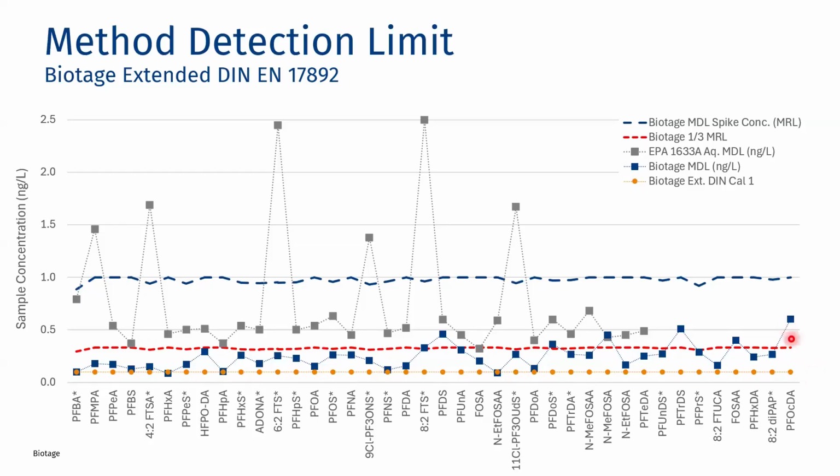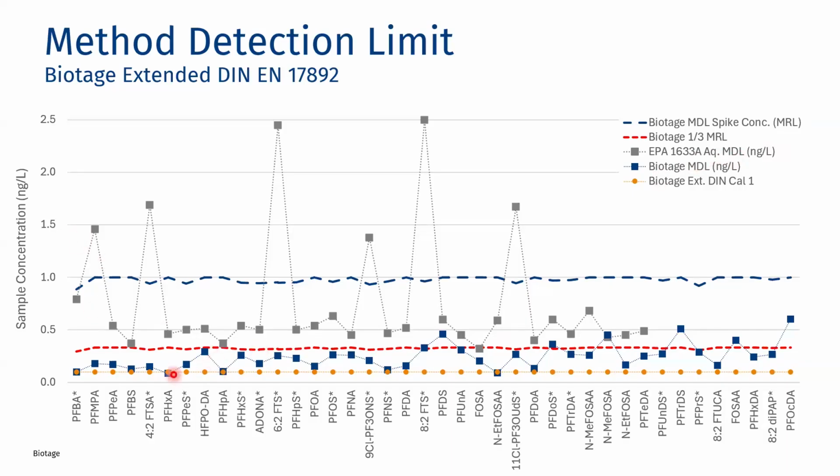So from there, you can see this is our calculated MDL on the Prep Expert 8 system. It is in this blue square line. And for reference, I have also added the 1633A MDL. This is what's in the method.